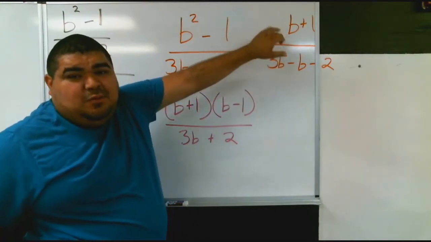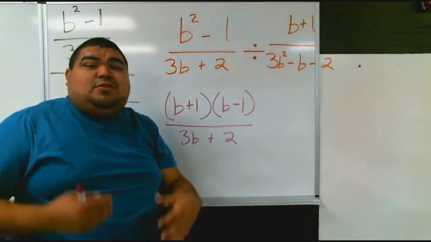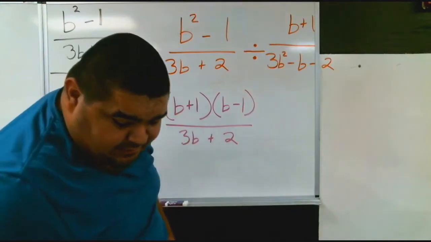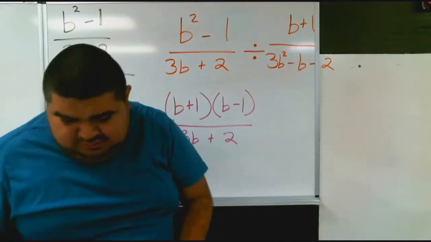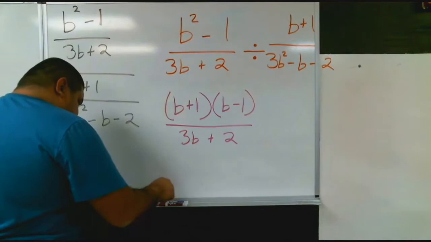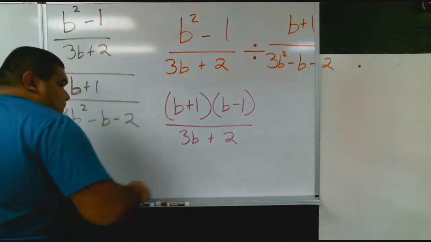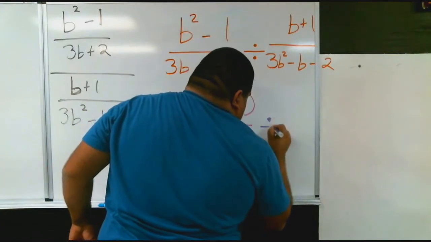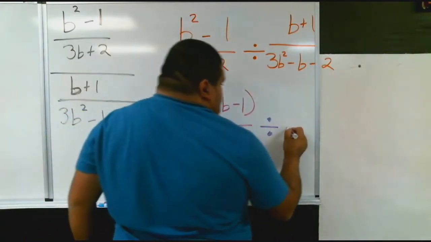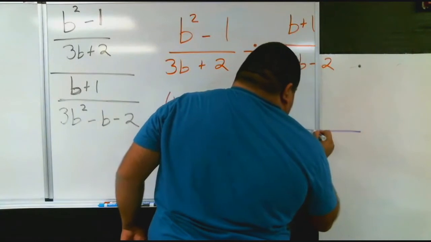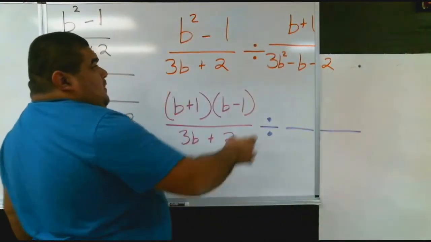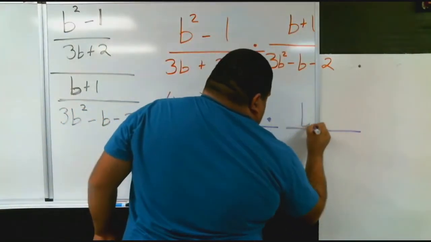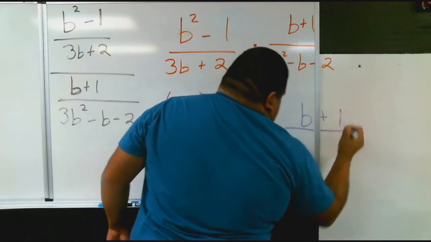Notice that b plus 1 can't be broken down anymore. It's already prime, so we're going to leave it as it is. Let's use purple. Divided by, and then we have our line. B plus 1 stays as it is.